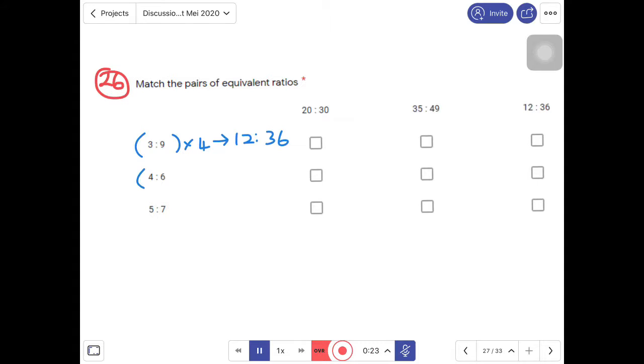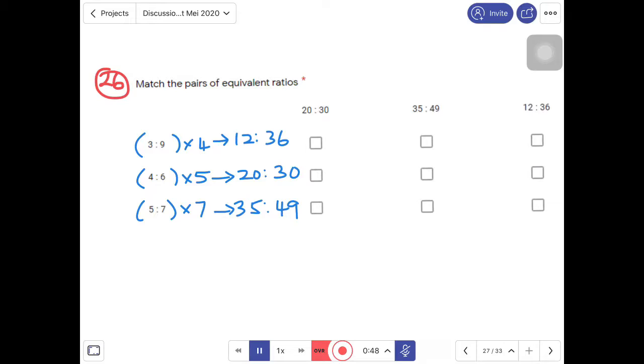And for ratio number 2, we can multiply 5. If we multiply 5, we get 20 is to 30. And for ratio number 3, we just multiply 7, and we get 35 and 49.